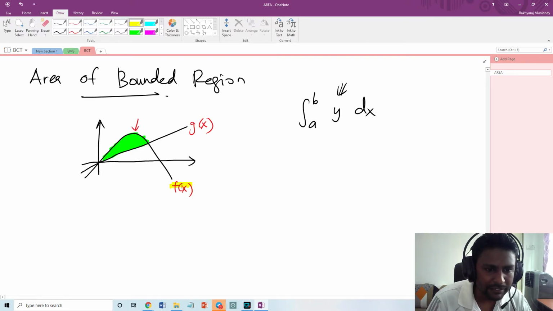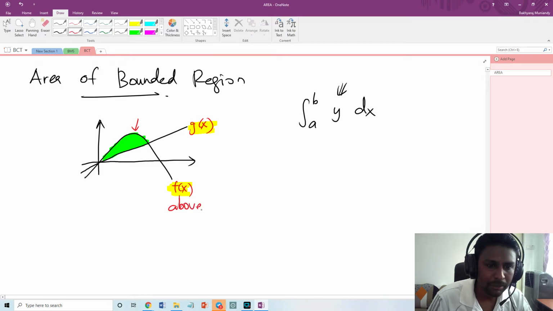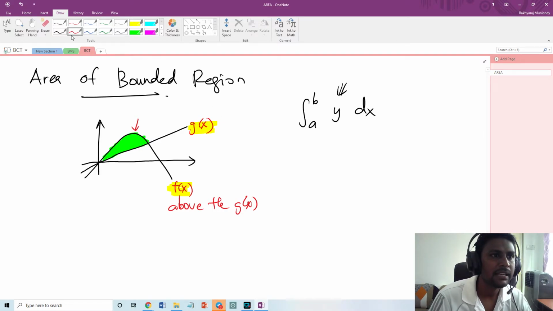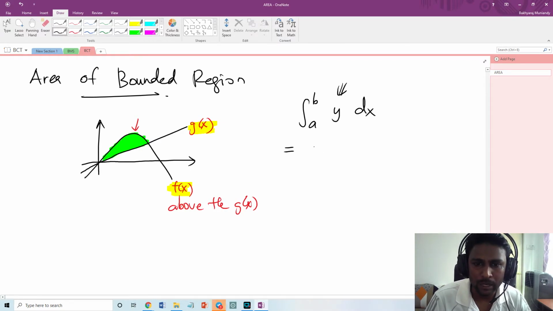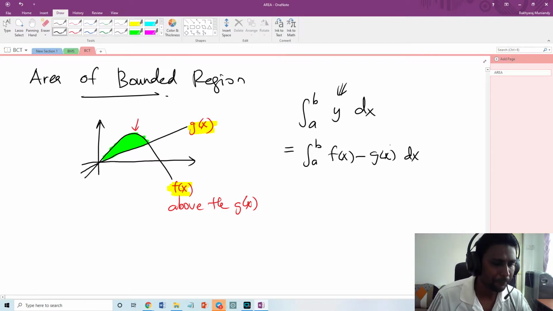Your f(x) is actually above the g(x), right? So once the function is above the g(x), we need to substitute like this. It will be equal integral a b f(x) minus g(x) dx. You must see the condition. So f(x) is above g(x), so f(x) minus g(x). That's how the formula comes when it comes to the area of bounded region.